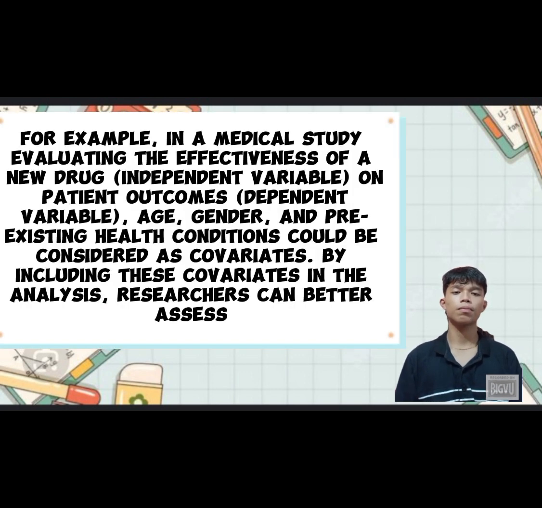For example, in a medical study evaluating the effectiveness of a new drug, the independent variable is the drug and the dependent variable is the patient's outcomes. Age, gender, and pre-existing health conditions could be considered as covariates.